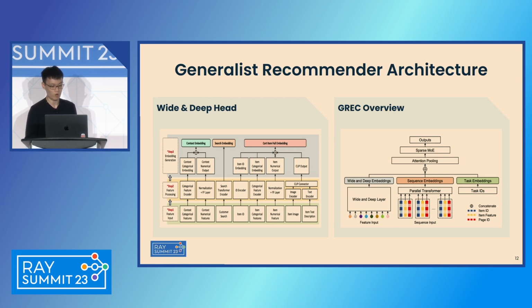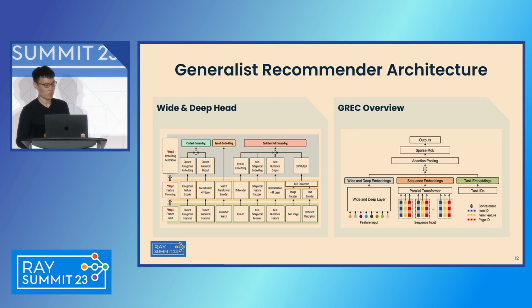We have item categorical features and numerical features to help with the cold embedding problem a little bit. On top of that, we also have content-based item learning, where we apply a transfer-learned CLIP encoder to learn from the item image and description directly. This also compensates for the item ID learned from behavior, to ensure that even given a fresh item, this model can behave reasonably well. That's the wide and deep side.